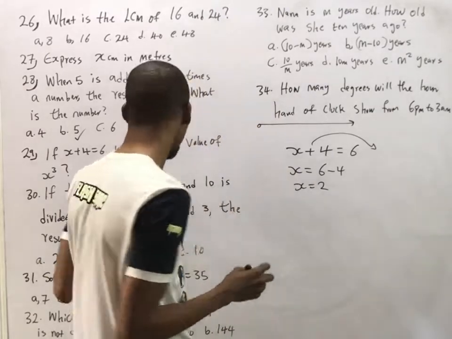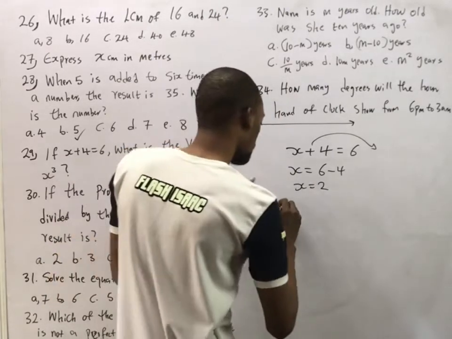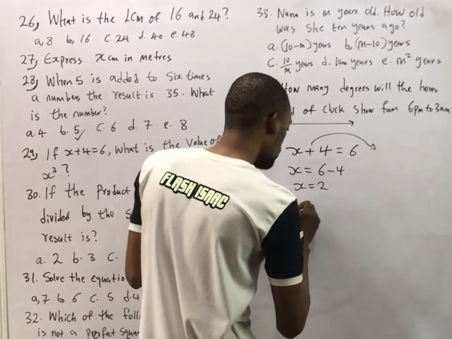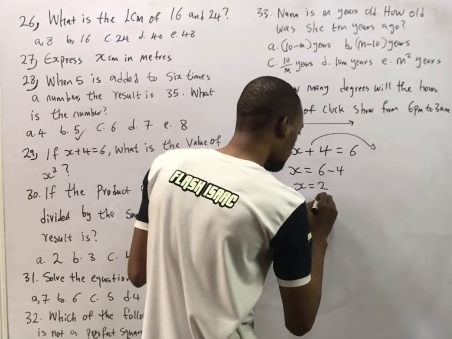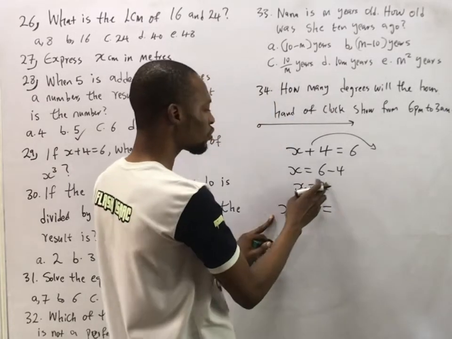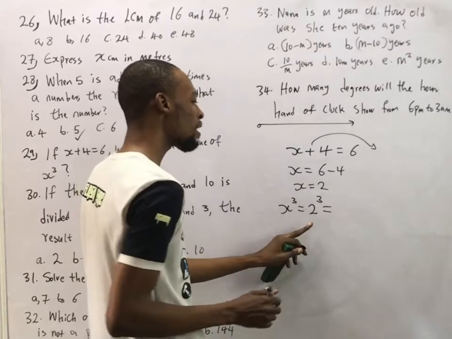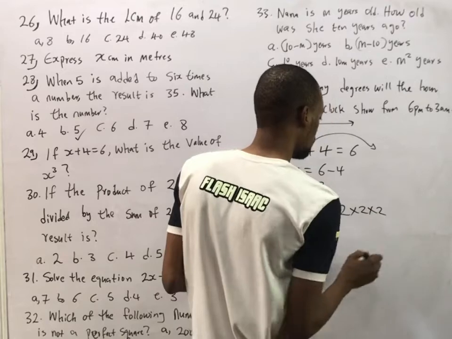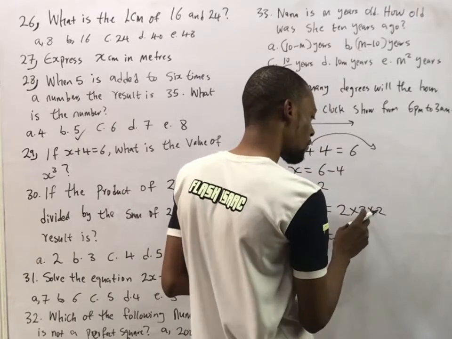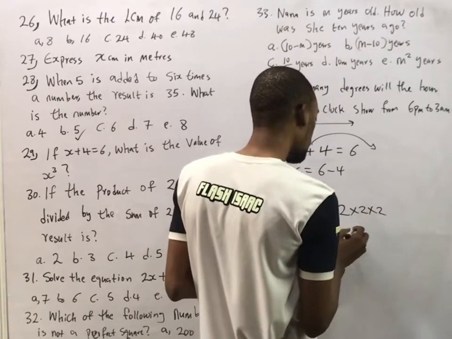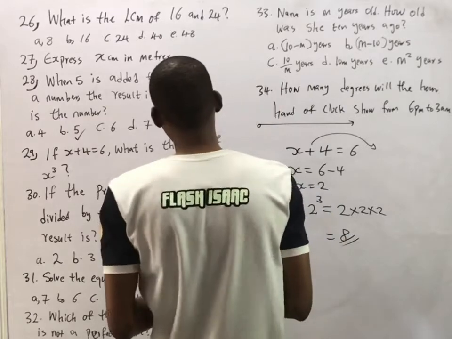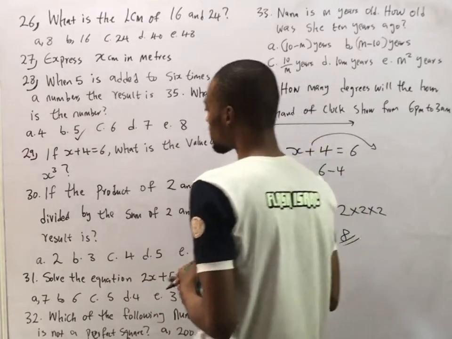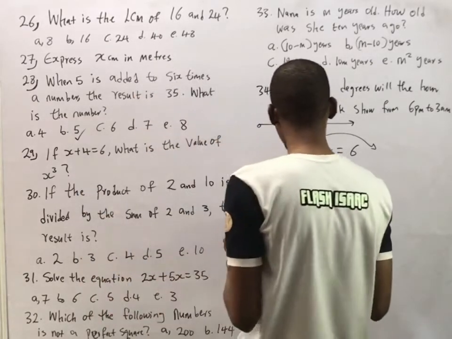Now we are not looking for s, we are looking for s raised to the power of 3. So s raised to the power of 3 is equal to 2 raised to the power of 3, because s is equal to 2. 2 raised to the power of 3 is the same thing as 2 times 2 times 2. 2 times 2 is 4, 4 times 2, 8. So 2 raised to the power of 3 is 8. The number s raised to the power of 3 is 8. So the answer to 29 is 8.